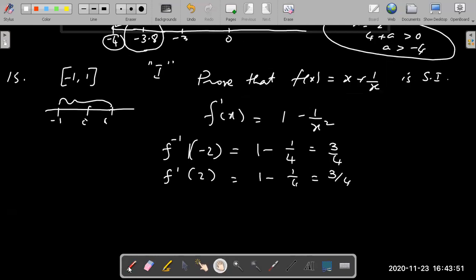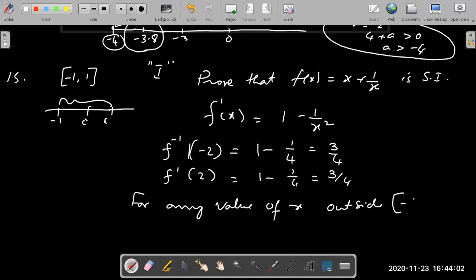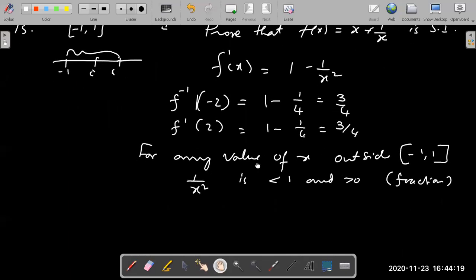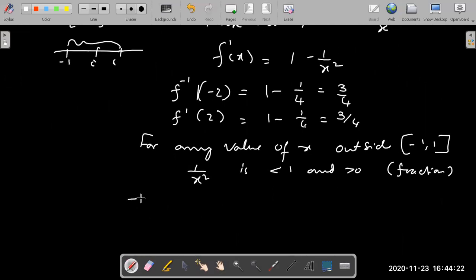In fact, you can say that for any value of x outside this interval minus 1, 1, the second term 1 by x square is less than 1 and greater than 0, which is a proper fraction.